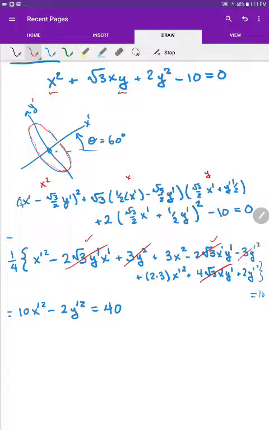So we're left with 2y prime squared, and then if I multiply this by 4 here and 4 on the other side, we end up with 40 here. And then we've got 5x prime squared, so we've got this 6, 7, 8, 9, 10x prime squared. So that's where all this came from.